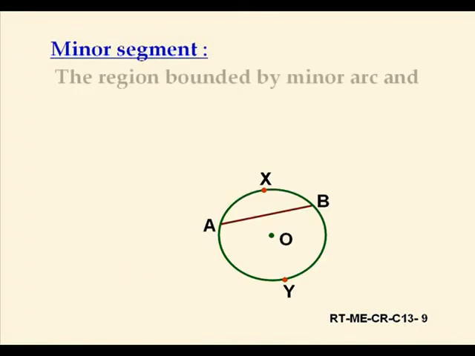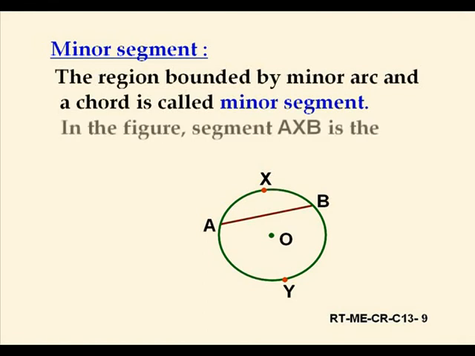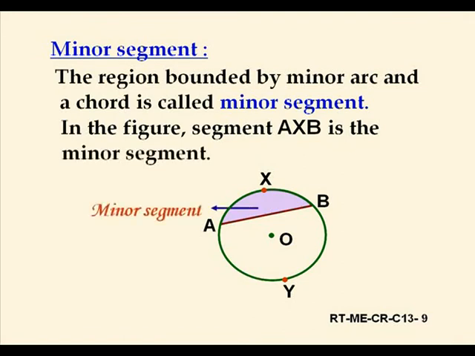Minor segment. The region bounded by minor arc and a chord is called minor segment. In the figure, segment AXB is the minor segment. Dear children, the shaded part represents the minor segment.